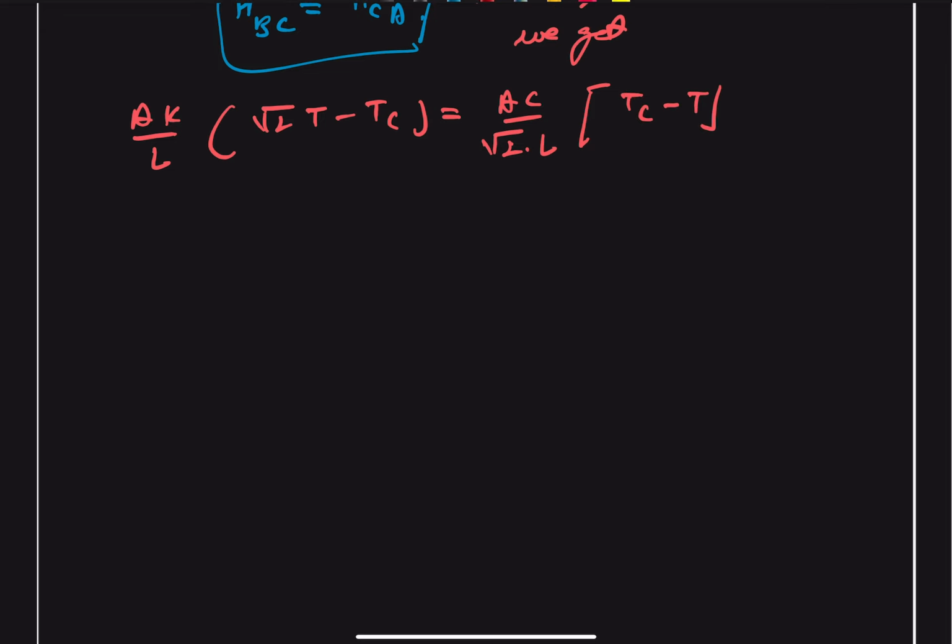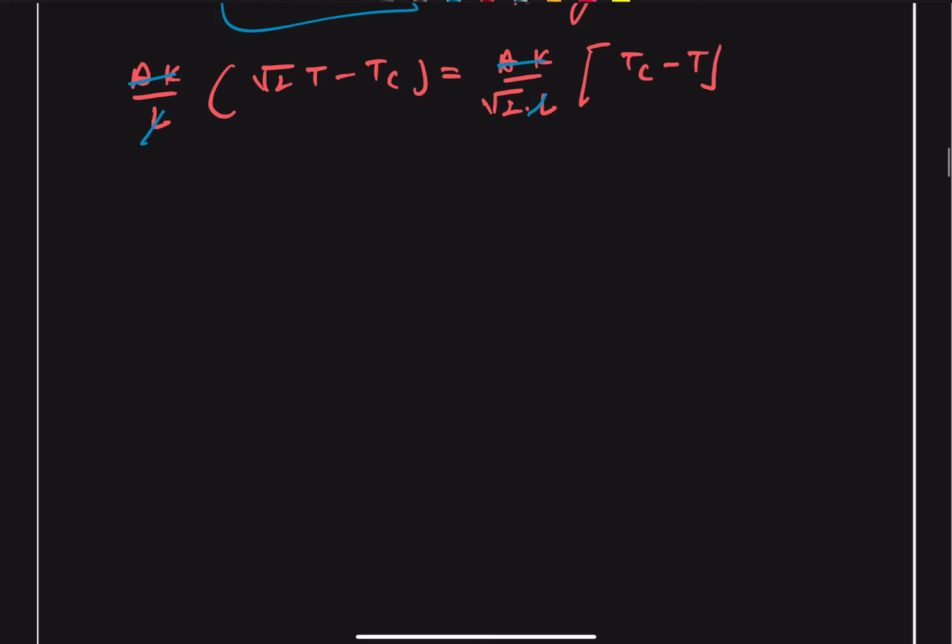AK and length cancel out, and cross multiplying, we get 2T minus square root of 2 TC is equal to TC minus T, and that is quite easy now.